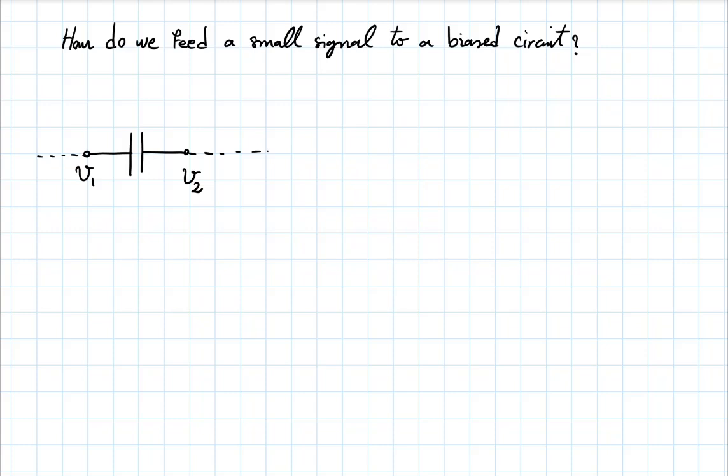Now, if you change things not instantly, but relatively rapidly, so you're neither in DC nor changing things instantly, but changing them with some frequency. Let's say in your cell phone, you have things working at a few gigahertz, so your signals are changing on the time scale of a nanosecond. It's not instant, but it's pretty rapid.